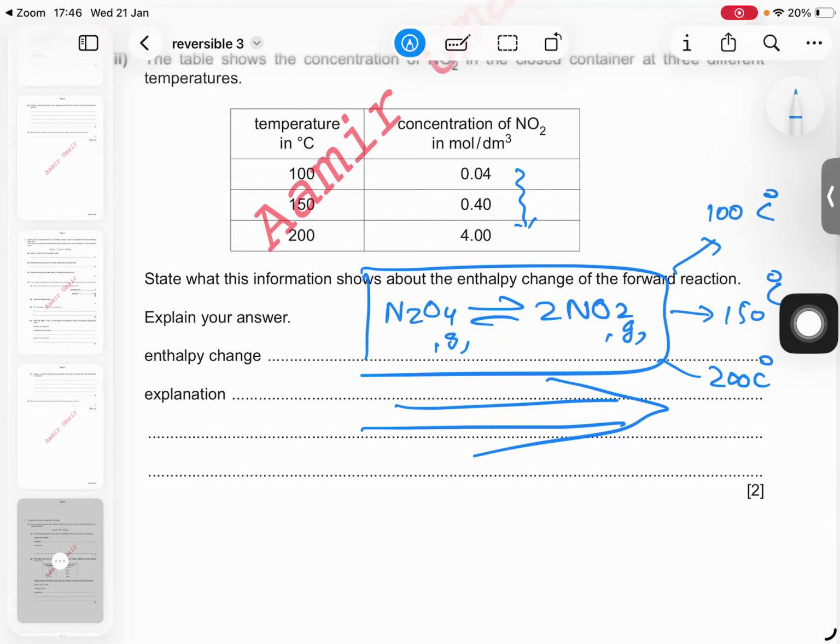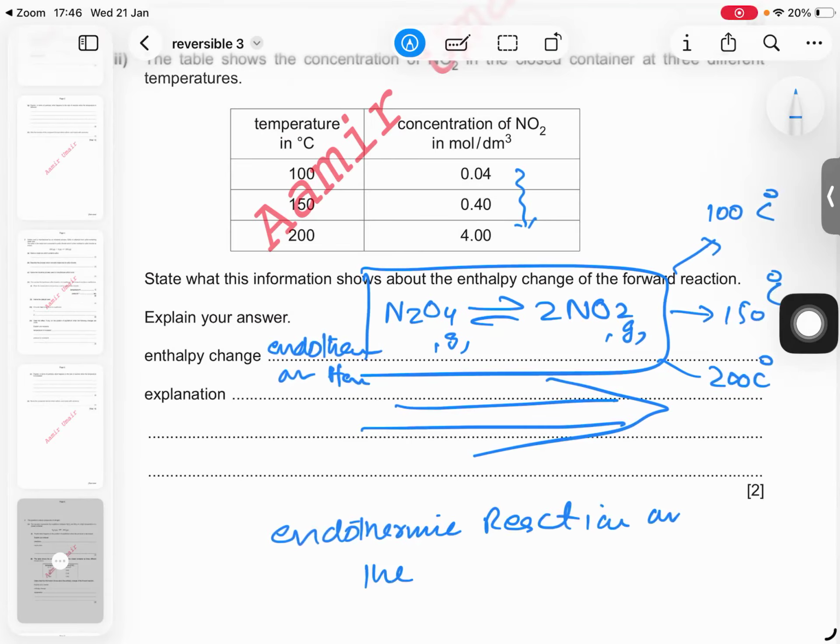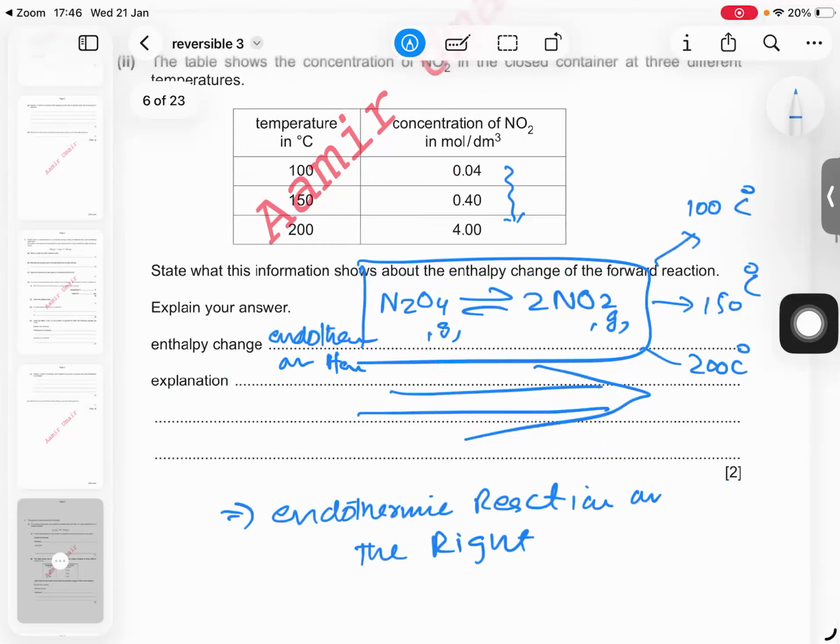Okay, so please write down the enthalpy change. It is endothermic on the right hand side. Just explaining, it is an endothermic reaction on the right hand side. Why? What is the explanation?